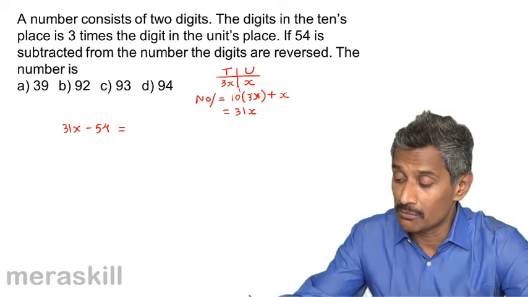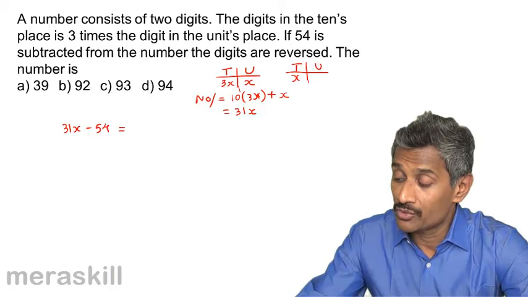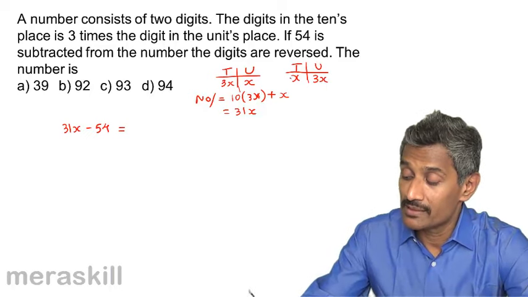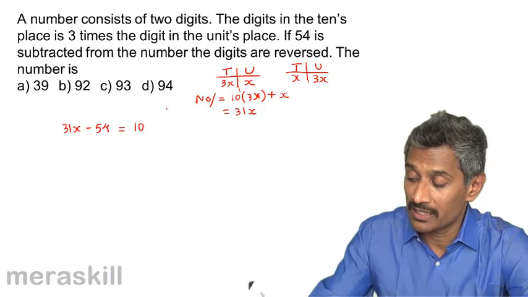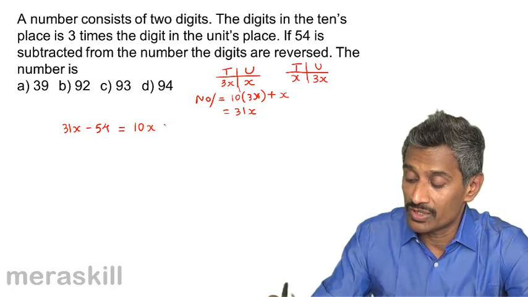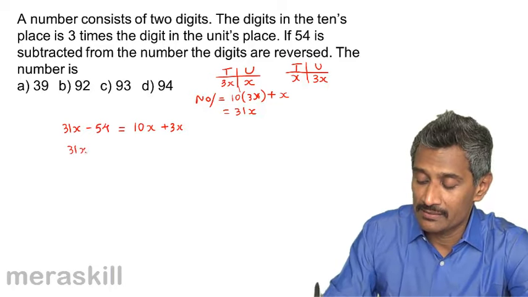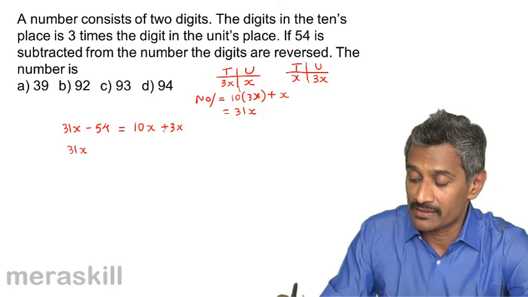That means the new number would be somewhat like this. In the tens place, you have x, and the units place, you have 3x. So the number is going to be 10 into x plus 1 into 3x, that is 3x. So we have 31x minus 54 equals 10x plus 3x, that is 13x.